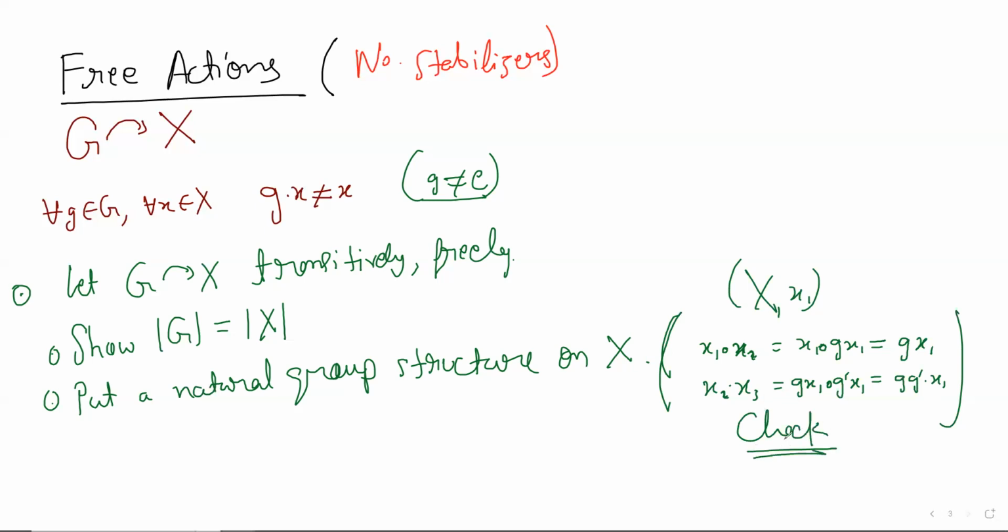But there are some things to check here. If this is a little confusing, I can write a concrete question here, which is a more exam friendly way to say it.